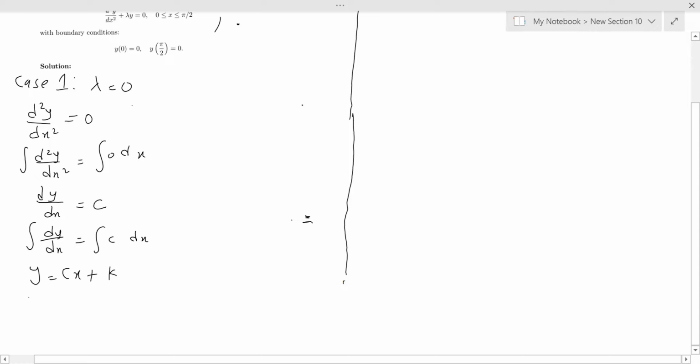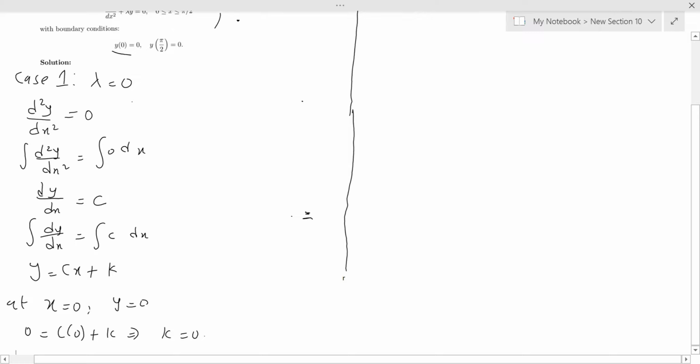So if you check, we are provided with the first boundary condition, which is y of 0 equals 0. So this means the value of x is 0. At the point where x is 0, y is 0. So if you insert that here, it implies that your k is 0.